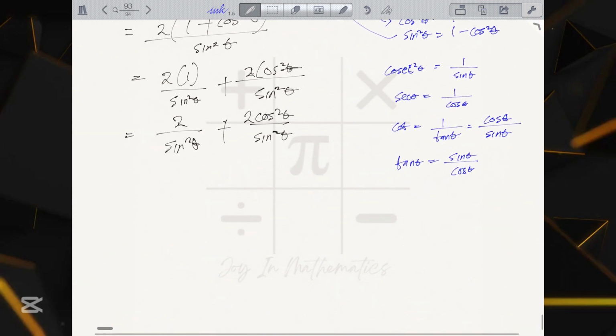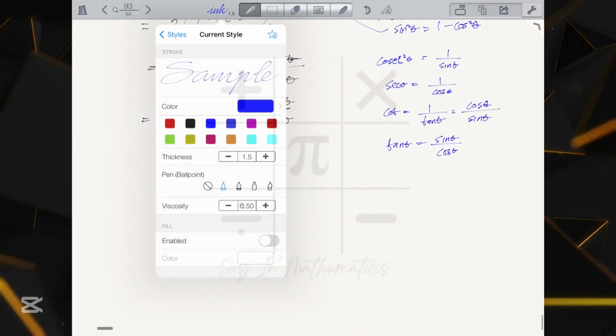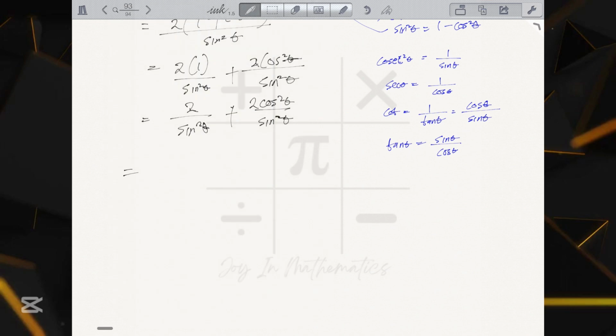So let's make our substitution now. We have 2 multiplied by 1 over sine theta all squared. Likewise, we have 2 into cos theta divided by sine theta squared. So cos theta divided by sine theta is equal to cot theta, and 1 over sine theta is equal to cosec theta.